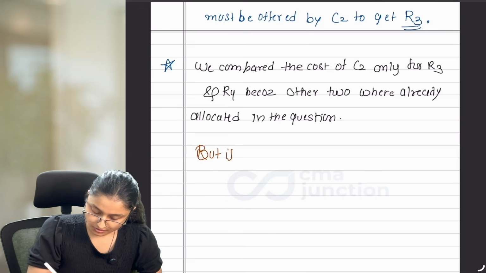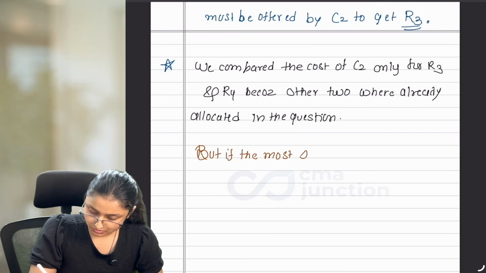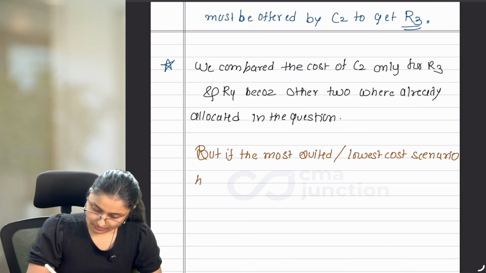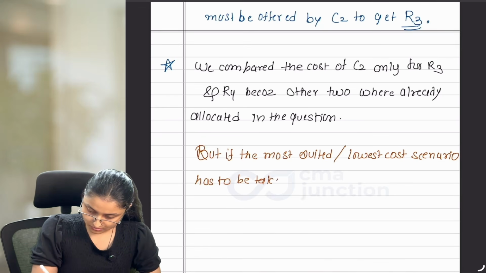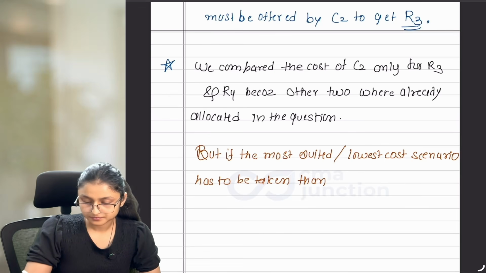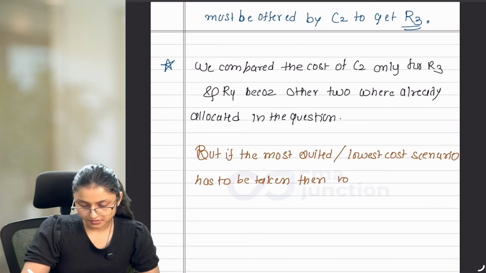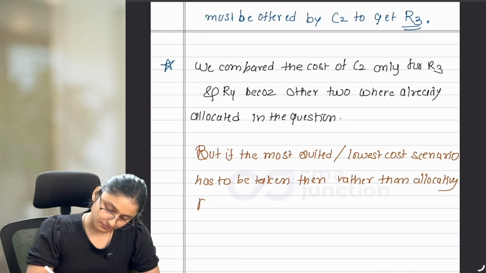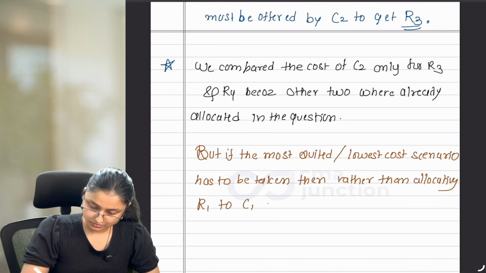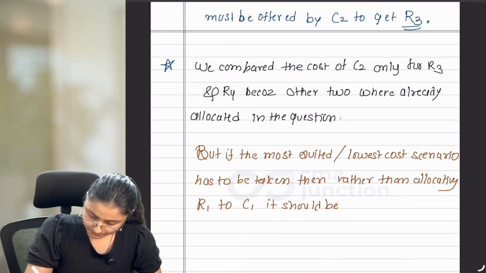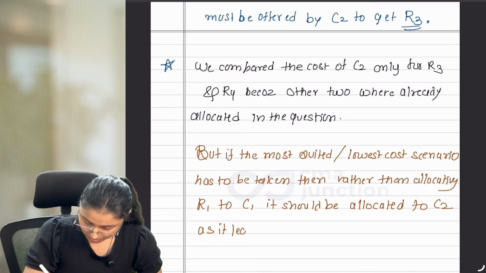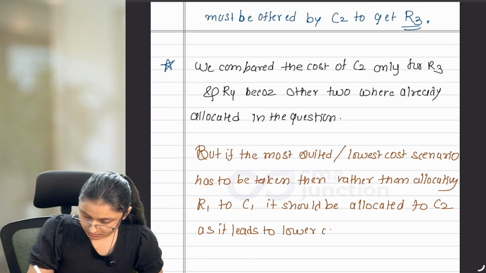But if the most suited or lowest cost scenario has to be taken, then rather than allocating R1 to C1, it should be allocated to C2, as it leads to lower cost.